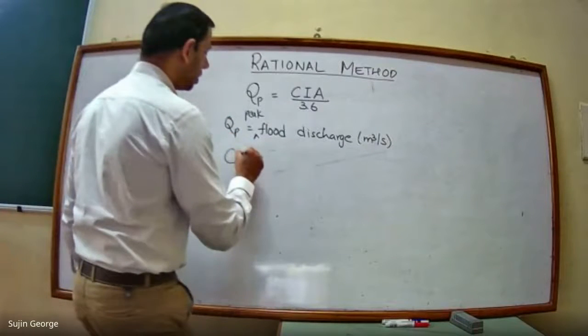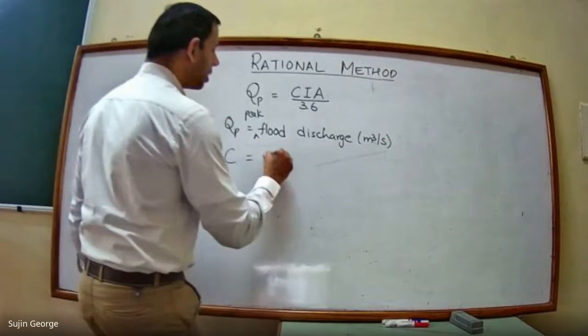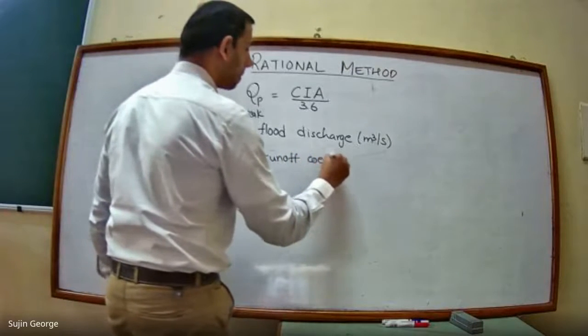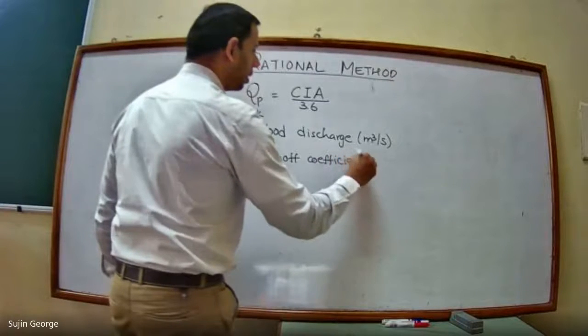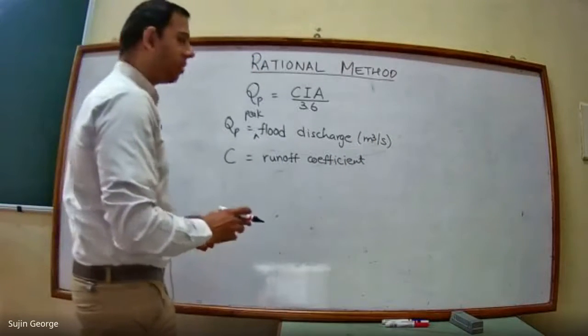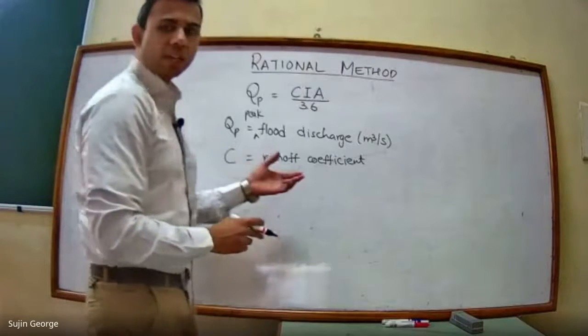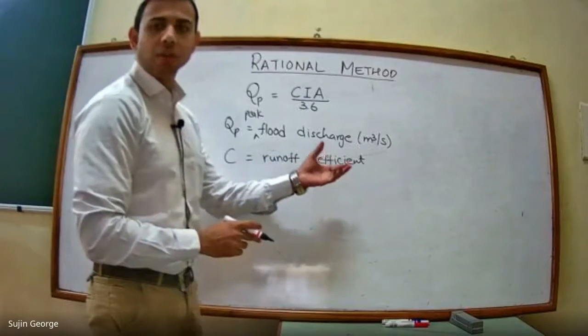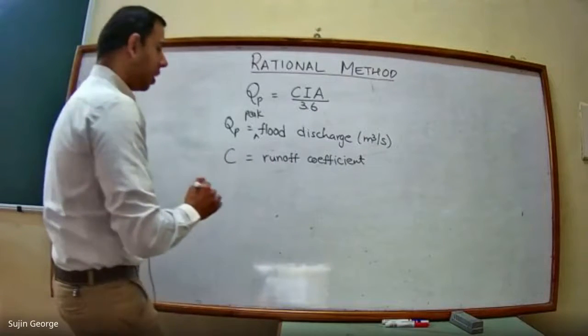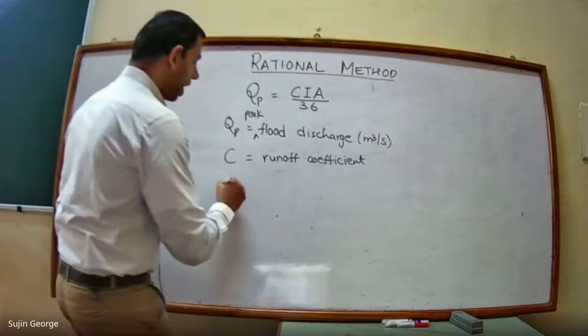Next, what is C? C is the runoff coefficient. Now this runoff coefficient will be a unitless value because coefficients cannot have a unit. And what is I?